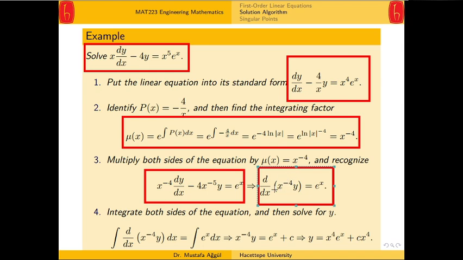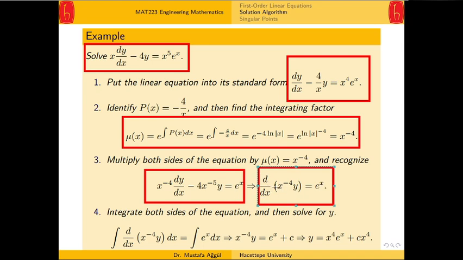The derivative of the second, dy/dx, times the first, x to the negative 4, and also the second, y, times the derivative of the first, which is negative 4x to the negative fifth. This left hand side is really the left hand side of the last equation. Okay, so e to the x is on the right, so this is basically what we really have.